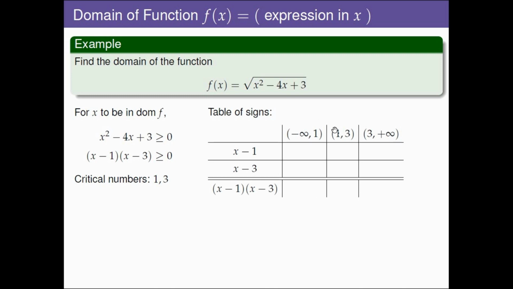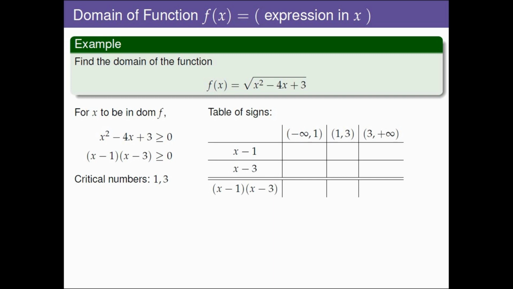The columns here are the intervals, and the rows here are the factors of this expression and the product. We now fill in the table of signs.